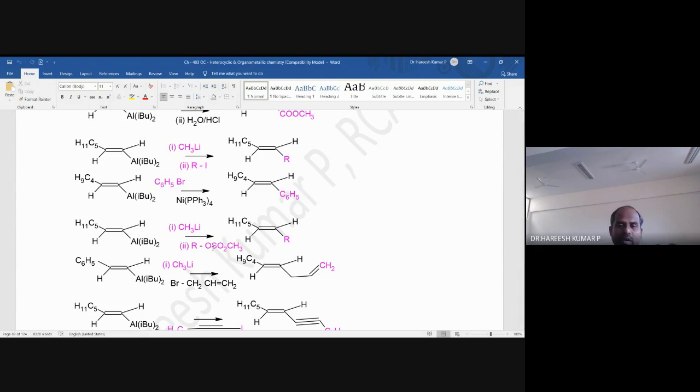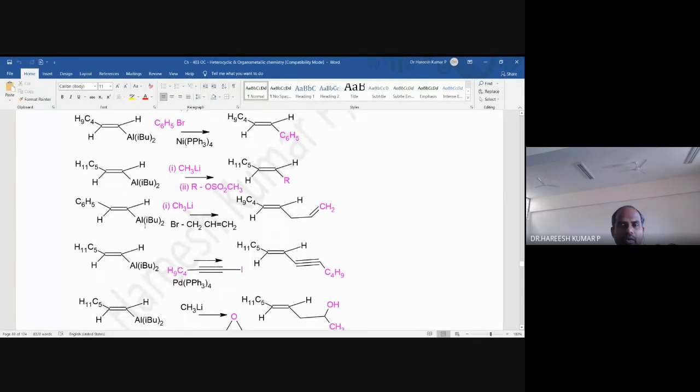So the name of this compound is a mesylate. This is a better leaving group. I think you know that alcohol is converted into tosylate, but here this is a mesylate. OSO2CH3 will go out. There will be a new bond formation between this carbon and R.